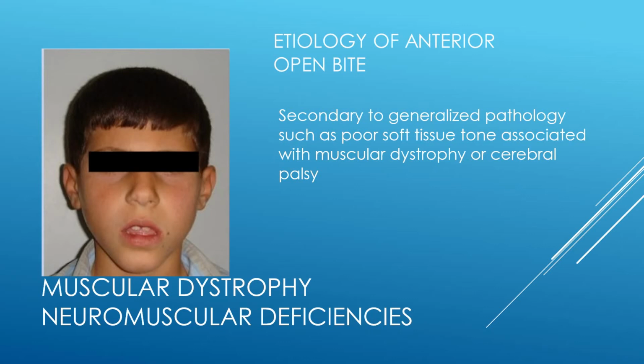Conditions associated with the loss of muscle tone, such as muscular dystrophy and certain types of cerebral palsy, result in downward and backward rotation of the mandible, an increased lower face height and anterior open bite.